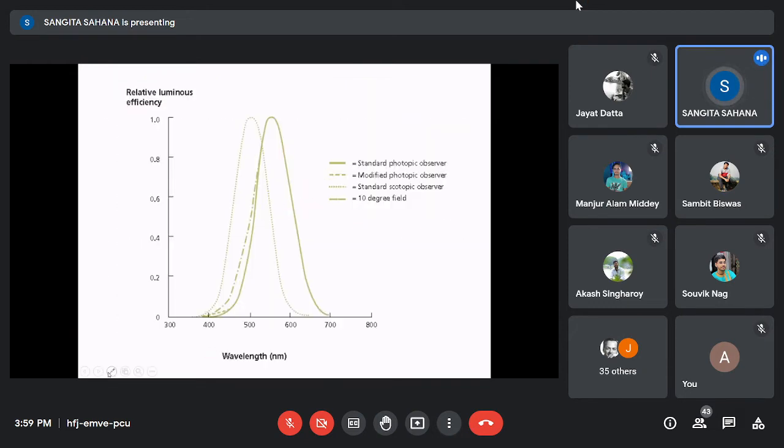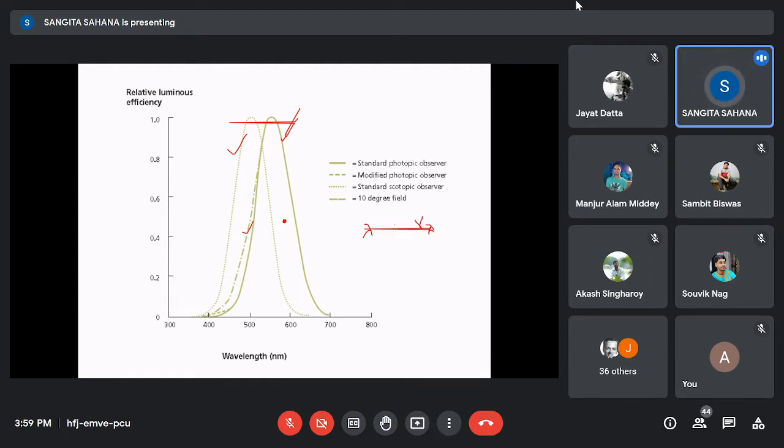This is the standard photopic observer. For someone it may be like this, for someone a little different, but the CIE has specified the values, for lambda and for V lambda.